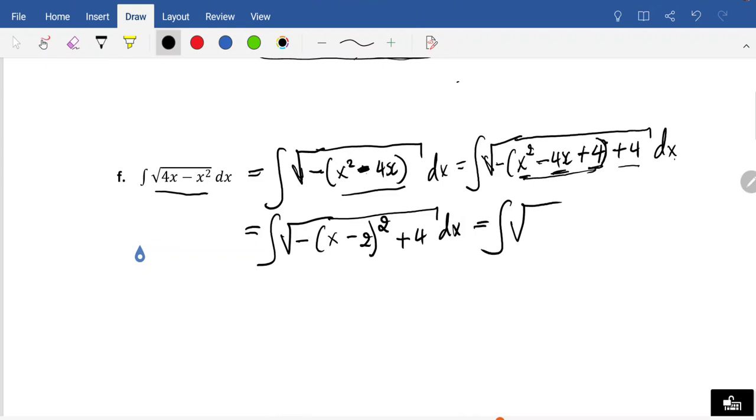And we know that x squared minus 4x plus 4 is just x minus 2 squared.